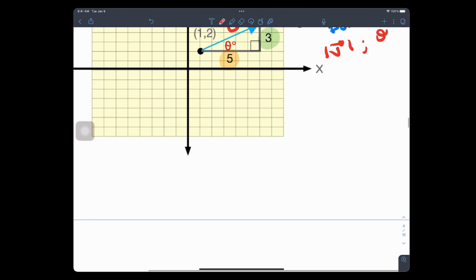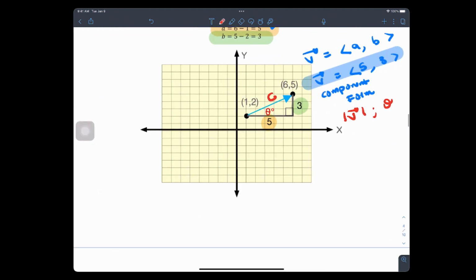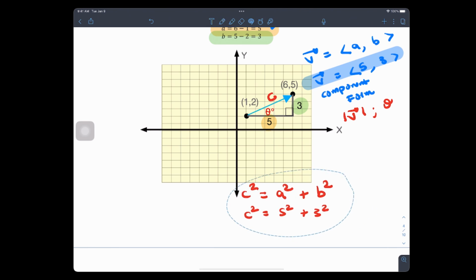So from the right triangle, well, what do we know? What do we write down? Well, we know C squared is A squared plus B squared. That's by Pythagorean theorem. C squared is going to be what? 5 squared plus 3 squared. Is that true? And maybe we should just put some of this work over up here.